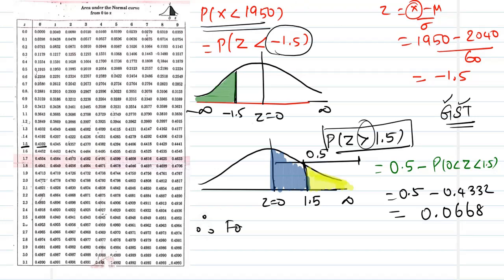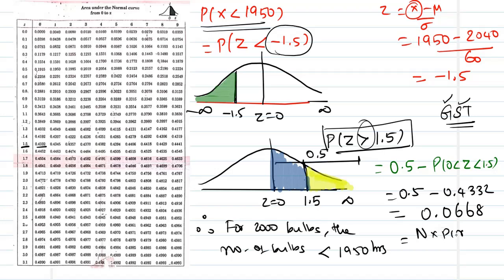Therefore, for 2000 bulbs, the number of bulbs to glow for less than 1950 hours will be equal to capital N into probability of X. So 2000 into your 0.0668. So this will give you 133.6. So this can be rounded off to 134 bulbs.